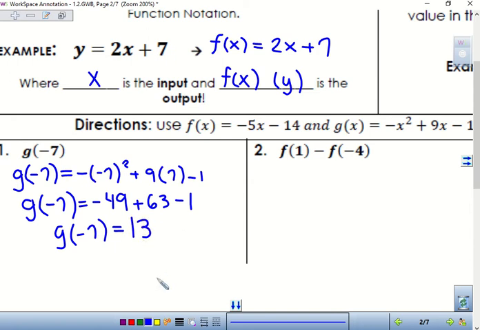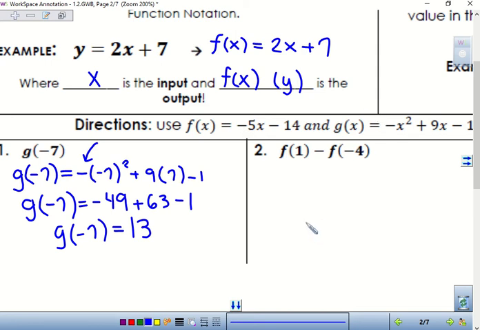So g of -7 is equal to 13. Does anyone have any questions about that? Yes? Why was the 49 negative? Because of this negative out front. When you square it, it becomes positive, but because there was that negative, it became negative again.